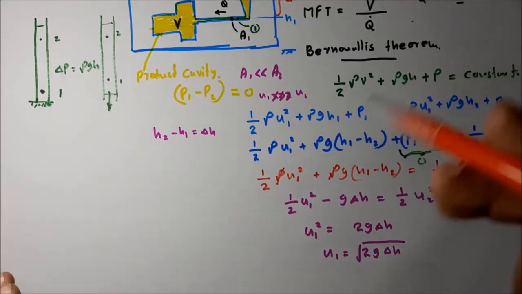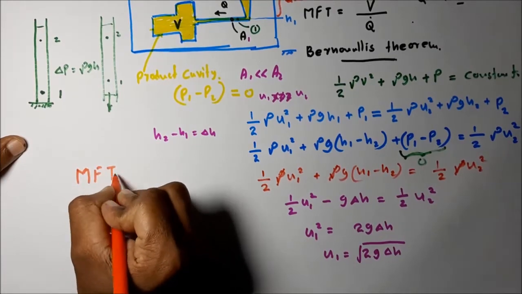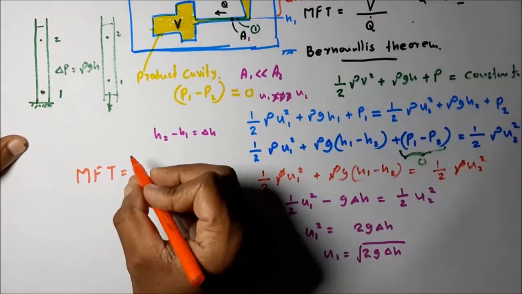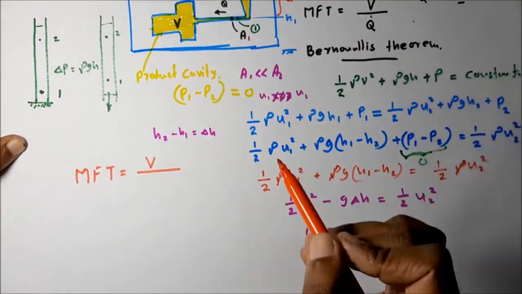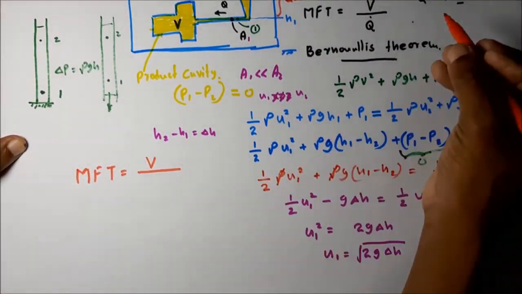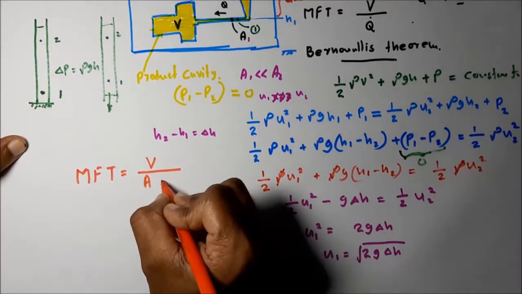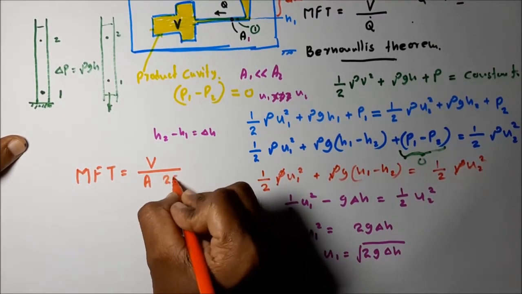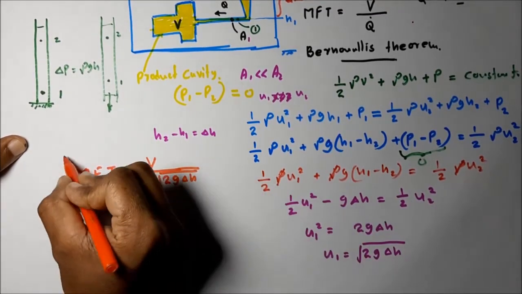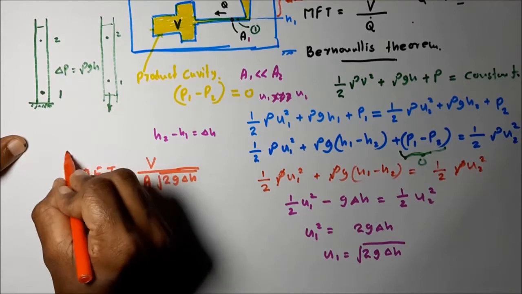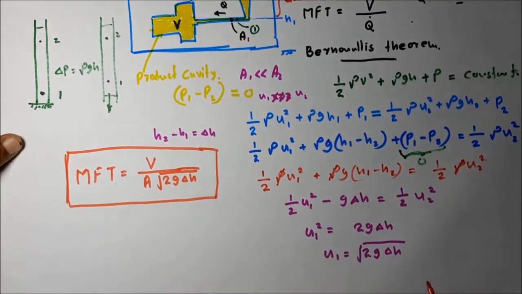We can write this equation. Mold filling time is equal to V, the total volume of the product cavity, over Q dot, which is equal to A into u1, that is A into the square root of 2g delta h. Okay, this is the equation we are going to use to calculate the mold filling time in metal casting.